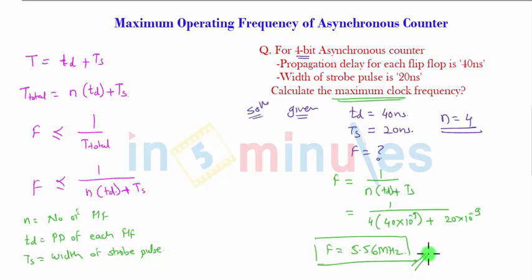If you consider the synchronous counter, the time delay is pretty low. Why? Because all the flip-flops are triggered simultaneously. Then in that case, for the synchronous counter, the T will be equal to only the time delay of a single flip-flop. Why?